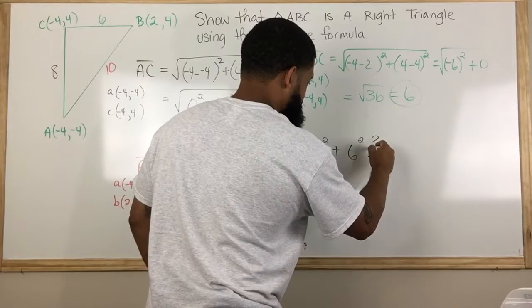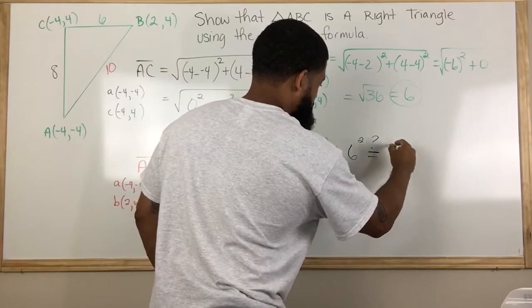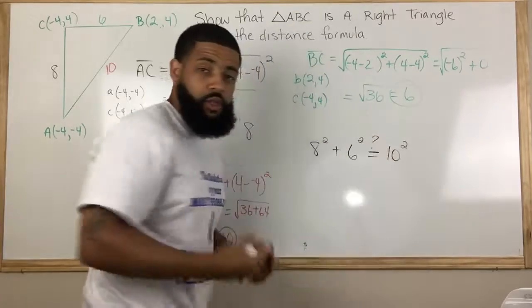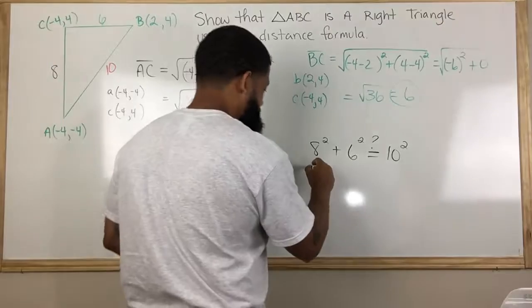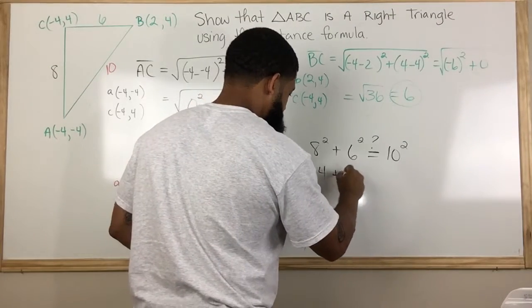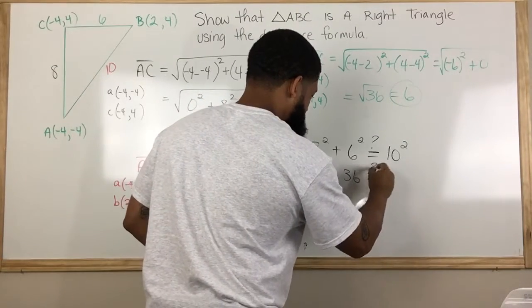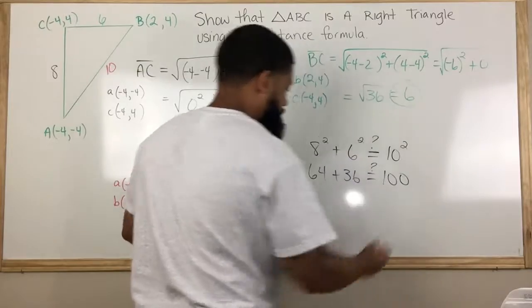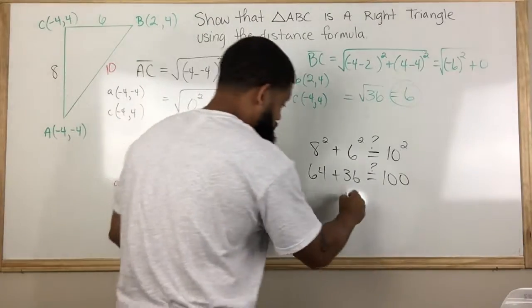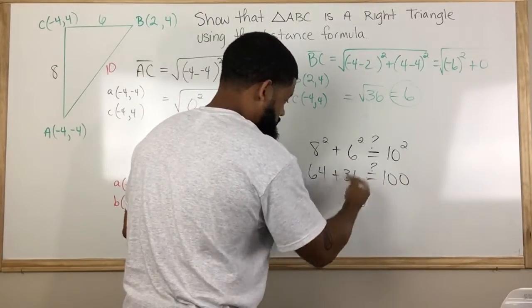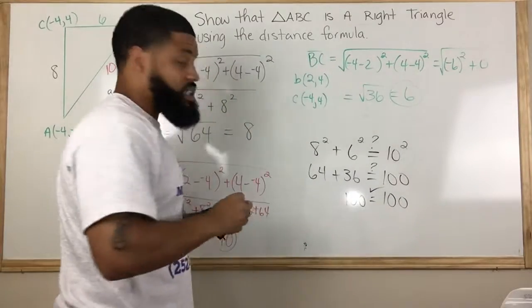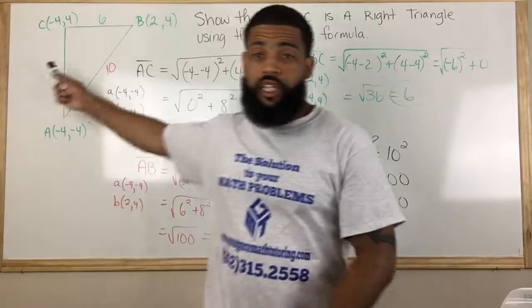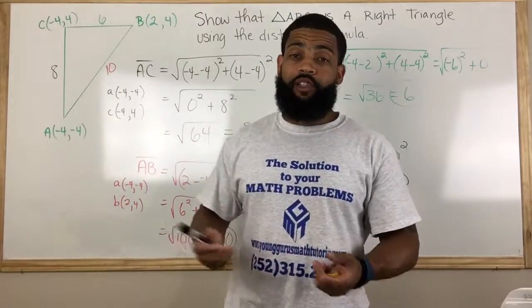We want to know, does that equal 10 squared? And I always put a question mark if we are trying to find out that value. So 64 plus 36, we want to know, does that equal 100? And if we actually do the addition, 100 is equal to 64 plus 36, and then we have 100 over there. So this tells me that triangle ABC here is indeed a right triangle.